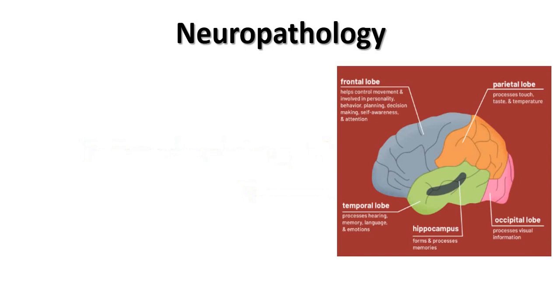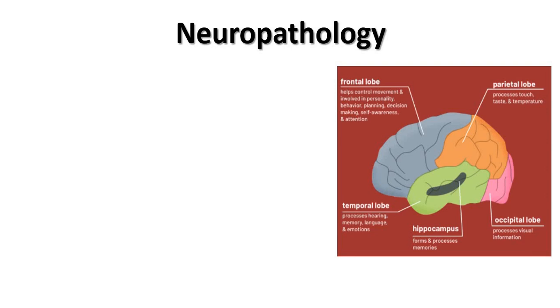This is the brain region, the frontal lobe, the parietal lobe, the occipital lobe, the hippocampus. Hippocampus is for memory, and temporal lobe. Okay. And you have the function also. Parietal lobe processes touch, taste and temperature. Occipital lobe processes visual information. Hippocampus forms and processes memories, good memories and bad memories both.